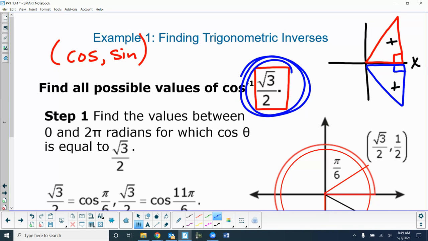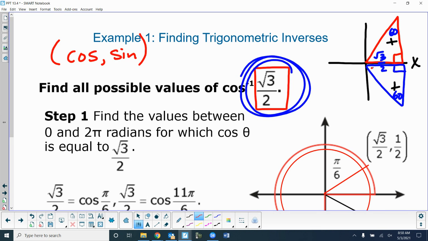So it's telling us that the x value of my picture is radical 3/2, both of these, right here. Well, what's always opposite the radical 3/2? The 30 or the 60 or the 45? It's the 60. So that means my 60 is there and there, because remember, it's opposite.